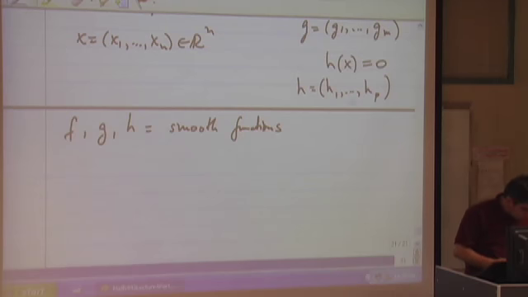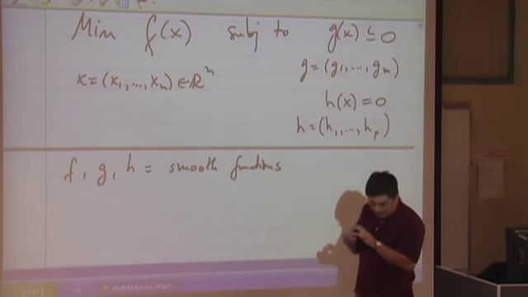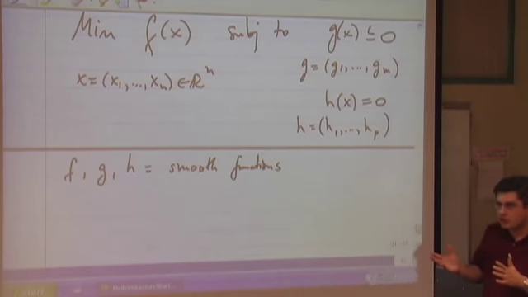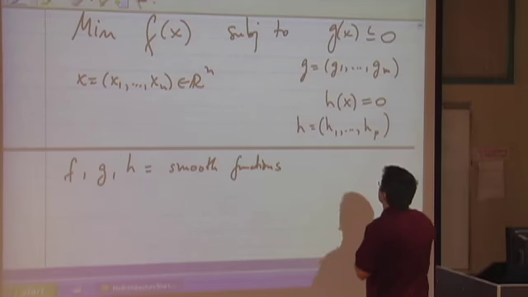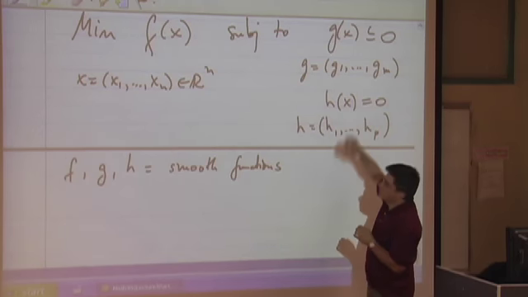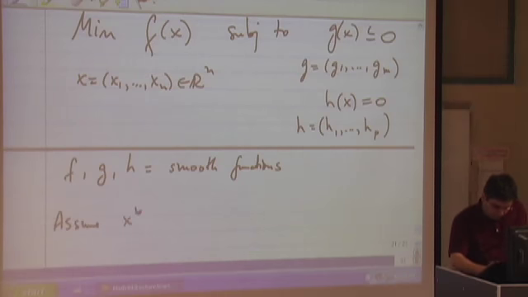So that's the setup, and the idea is the following. You're trying to find an optimal value, a minimum value for f. Let's assume there is one. So assume x star is an optimal solution.